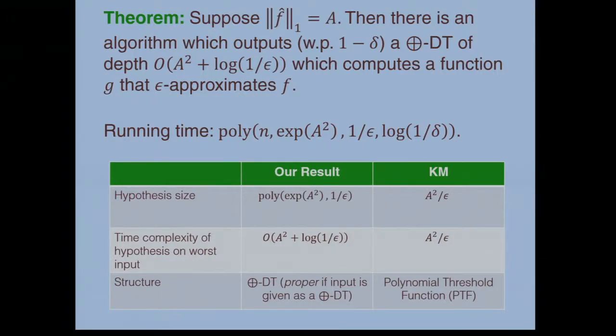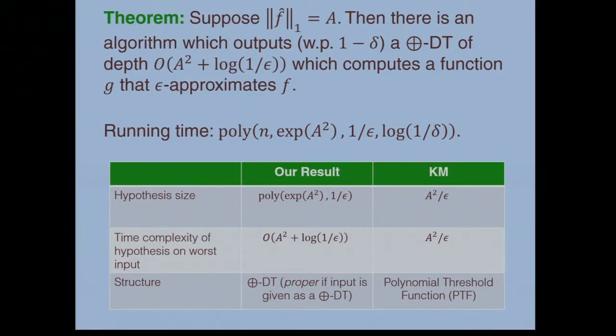You get parity decision trees of depth a squared plus log 1 over epsilon, as opposed to here, where you have to query all the functions, so that's a squared over epsilon. And if you consider the case where your function is given as a parity decision tree, which is actually the case Kushilevitz and Mansour considered, then this gives you a proper learning algorithm, whereas they give a polynomial threshold function.